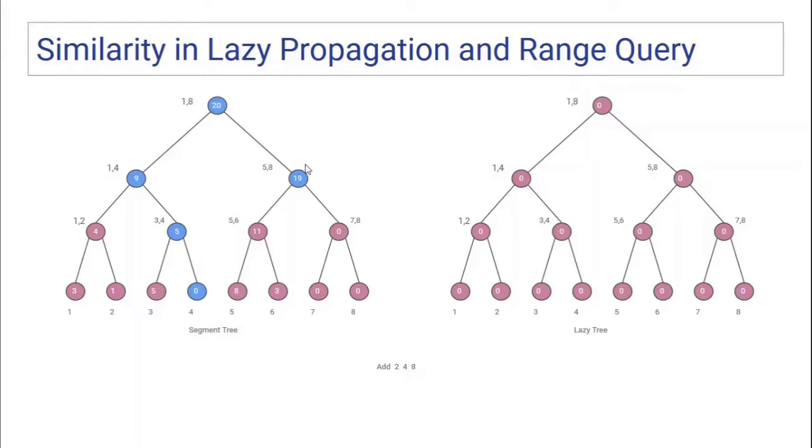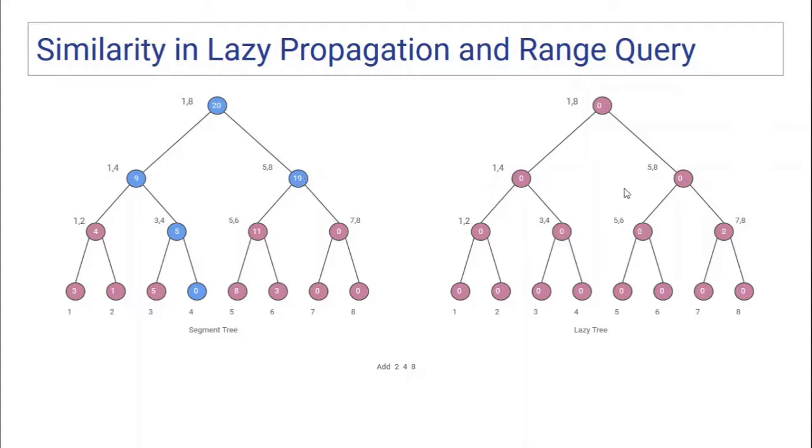Now this node has been updated, so what do we do next? After you update this node, since this was completely inside your query range, would you go left and right? No. In range sum, we simply return from here and return this sum, right? In update, you have updated this, and for the children and the rest of the nodes, we would not update them because we do not need to. So in your diary, you would mark that I need to update this range and this range, basically the children of this node.